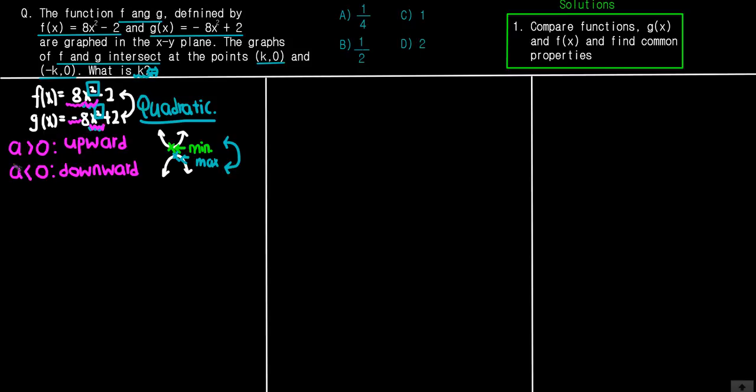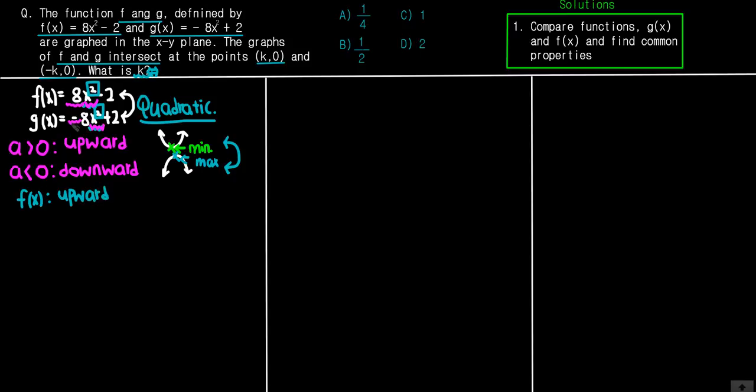So we can actually apply that. For a greater than 0, in this case f of x has a leading coefficient of 8, which is greater than 0. So we can see that the f of x function will grow upward.